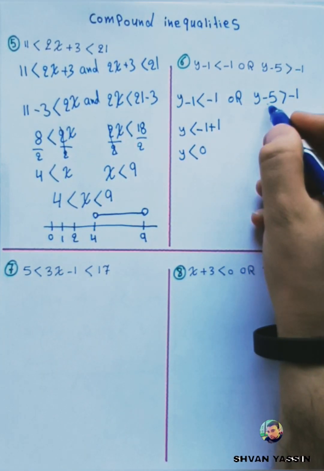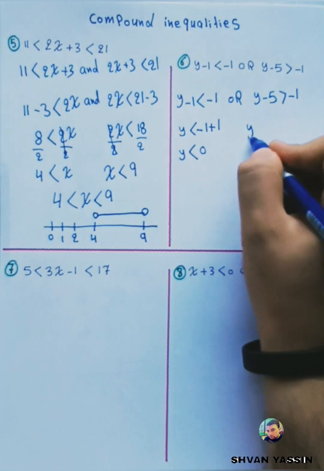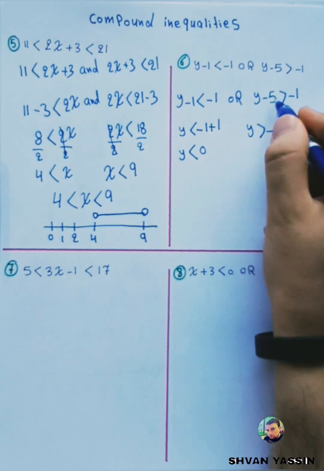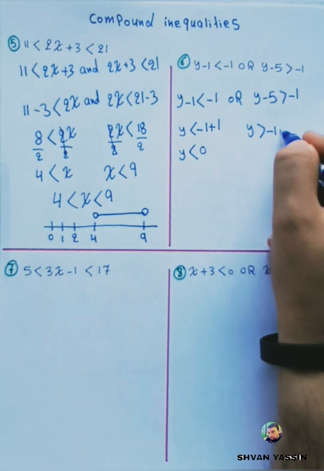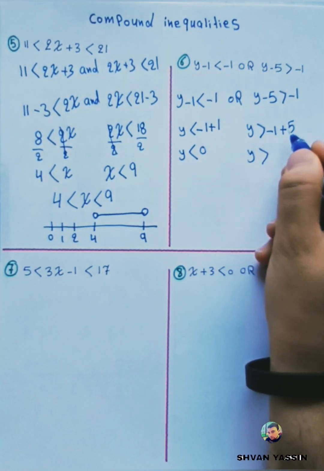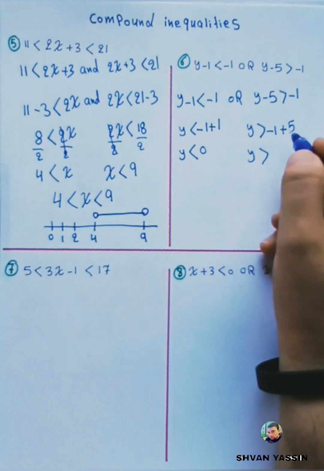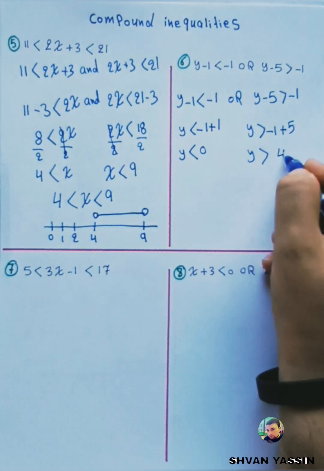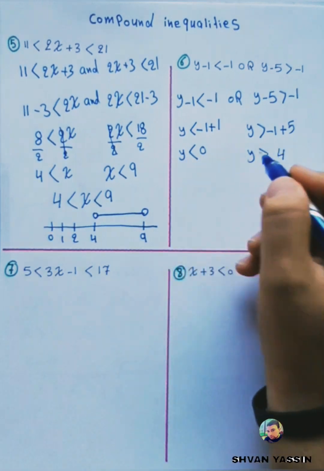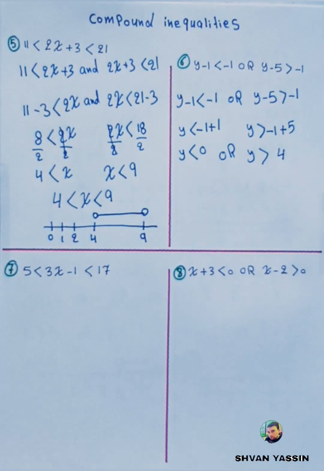So you have to change the place of -5 into the right side. y is greater than -1, positive -5 becomes +5, and then minus times plus equals minus. You have to subtract these two numbers. 5 minus 1 equal to 4. You have to write the sign of the larger number. So y is less than 0, or y is greater than 4.